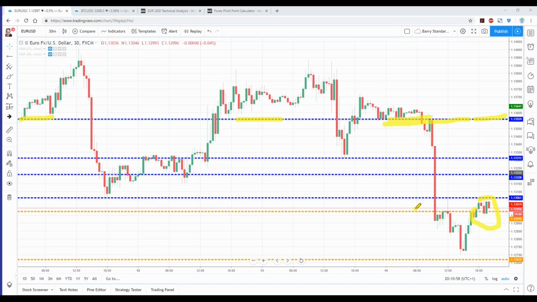Now, resistance is when price is moving up and bounces off of there. When price is falling down and it holds price up, that's support. Imagine support and resistance are like an elevator. When you're in an elevator, the floor below your feet is your support level.